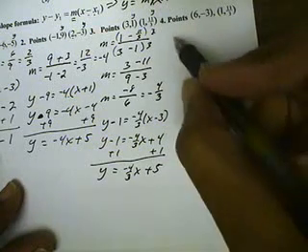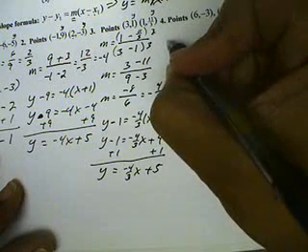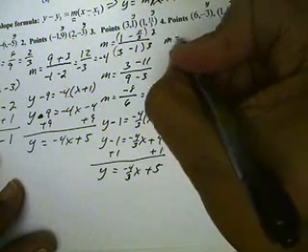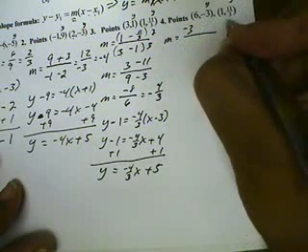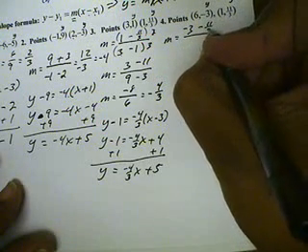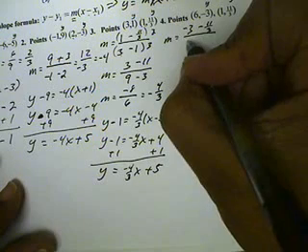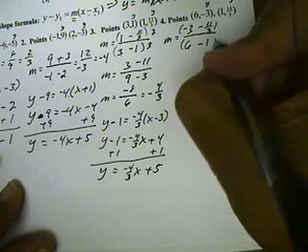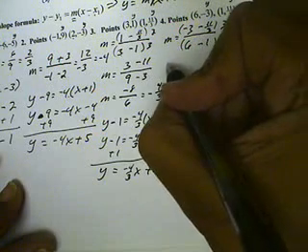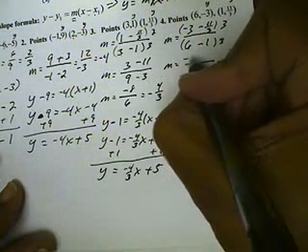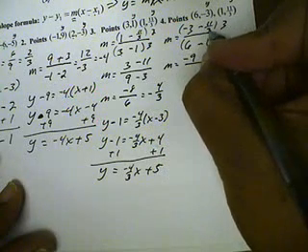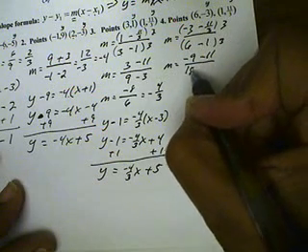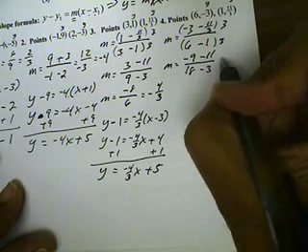Okay. Lastly, number 4. Our slope will be made from y1 minus y2. So this will be a negative 3, and the opposite will be negative 11 over 3. My x's will be 6, and the opposite of 1, which is negative 1. We're going to multiply all of this by 3, and as a result, we're going to get negative 9 here, and 3 divided by 3 is 1 times negative 11 is negative 11, and 3 times 6 is 18, and 3 times negative 1 is negative 3.